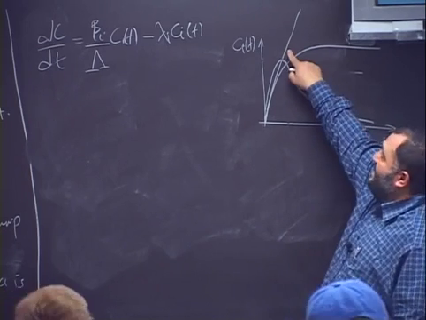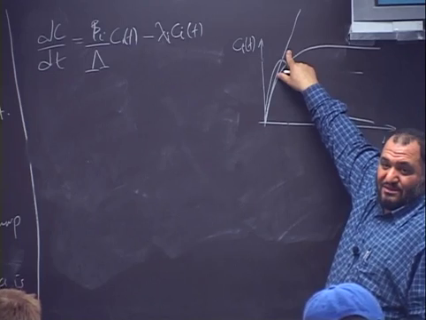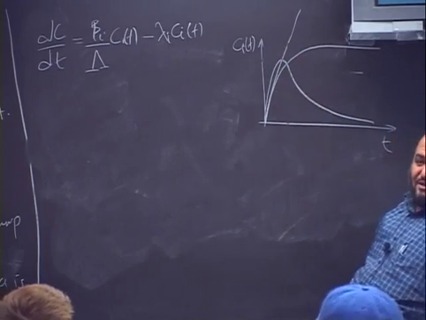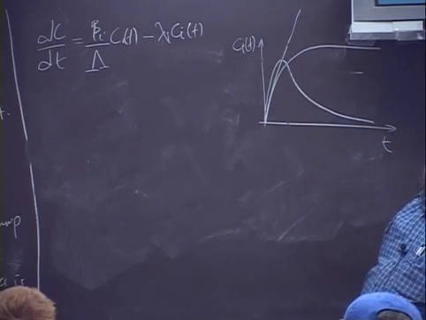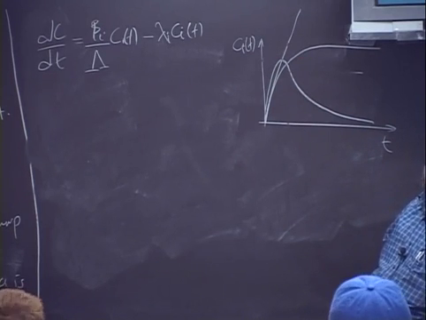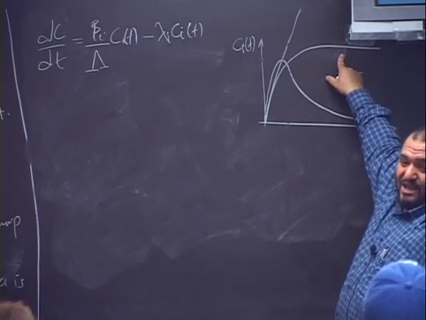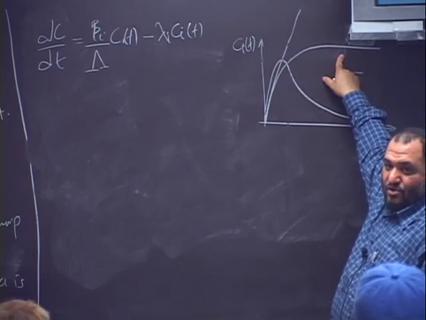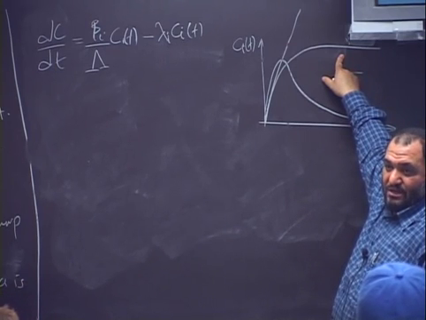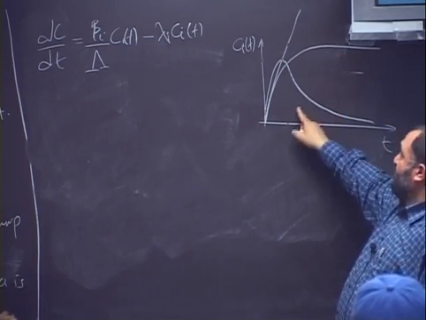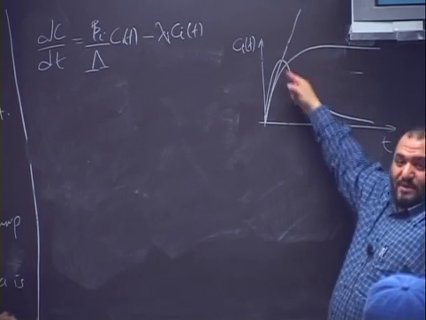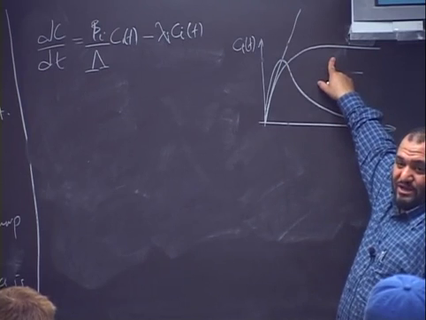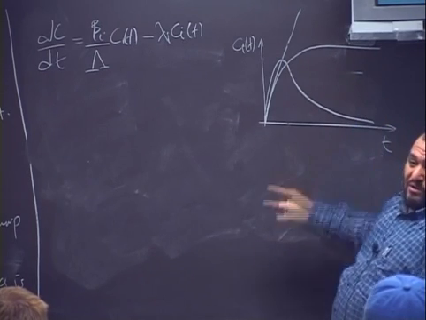If you do not decay, Ci of t increases without any limit. If your decay is very rapid compared to the production, you will grow up to a maximum, then decay very fast. But if your decay is slower than your production, you will reach an equilibrium state.